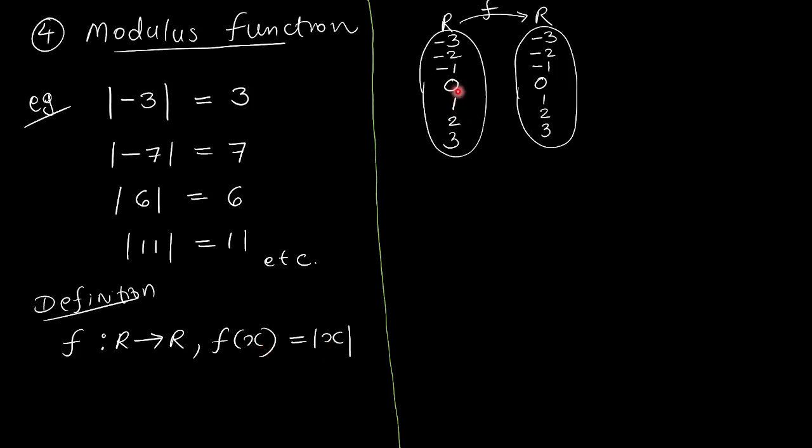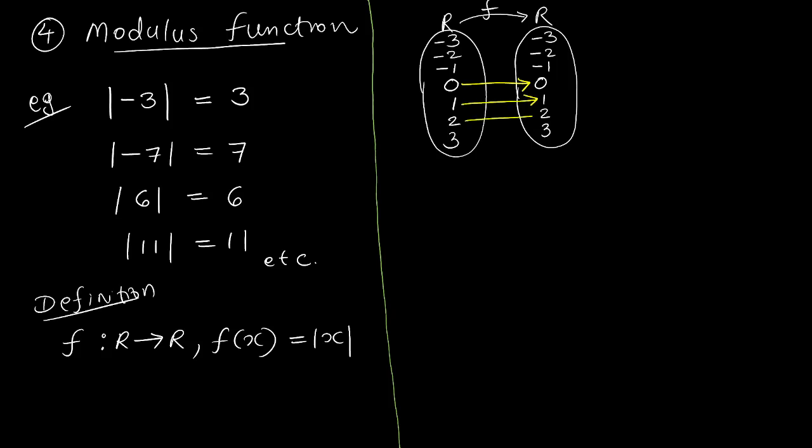So what is the image of 0? The image of 0 will be mod 0, which is 0. 0 does not have any negative sign, so the same number is written. The image of x is mod x. Mod 1 is 1.